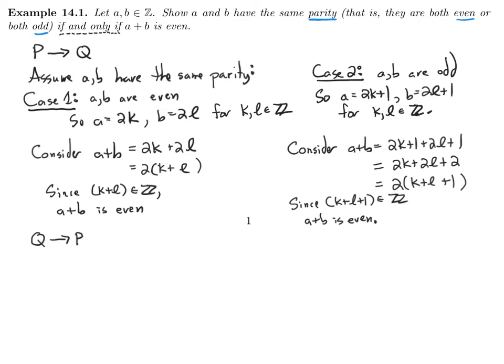But I'm thinking, if I was to prove this directly, I would assume that Q is true. So assume that A plus B is even. And I'd have to show kind of 2 things. That A is even and B is even. Or A is odd and B is odd.